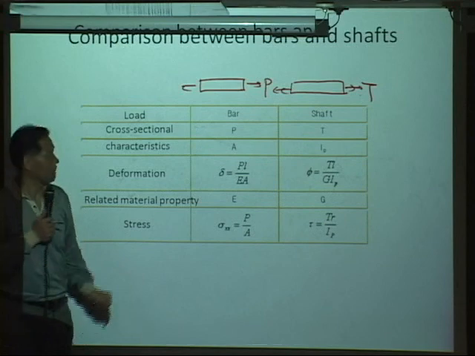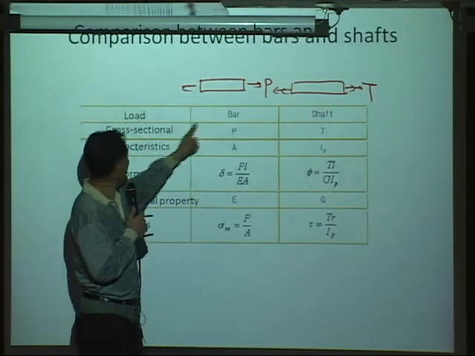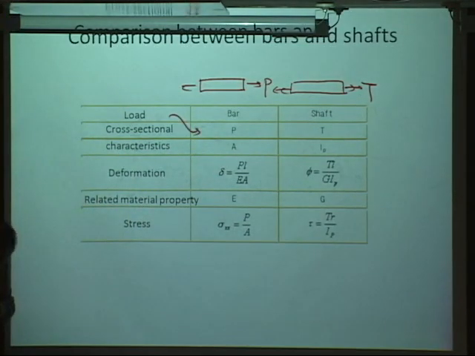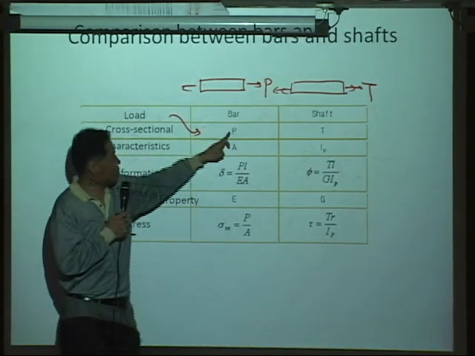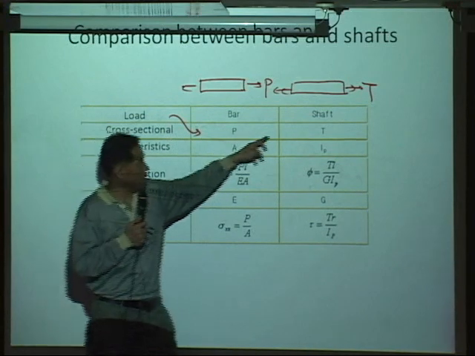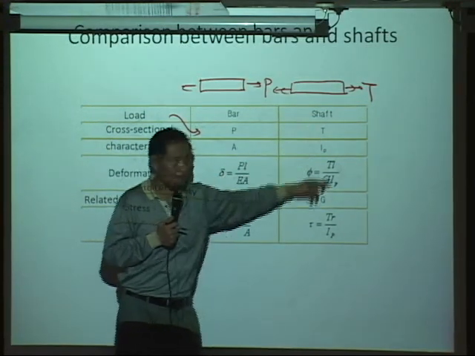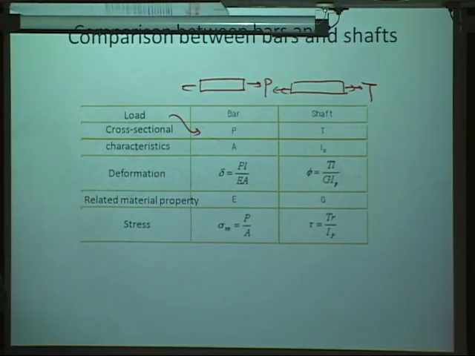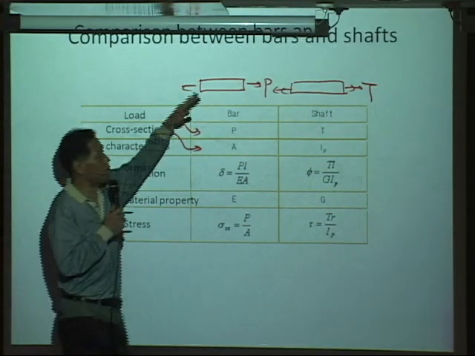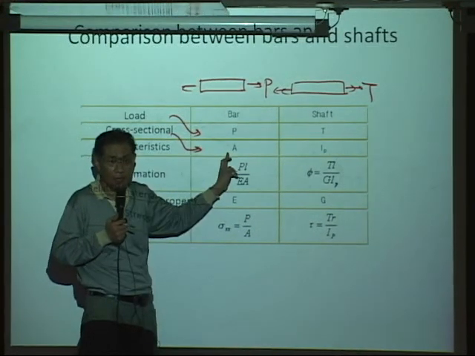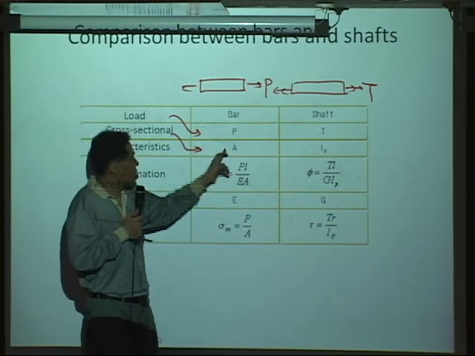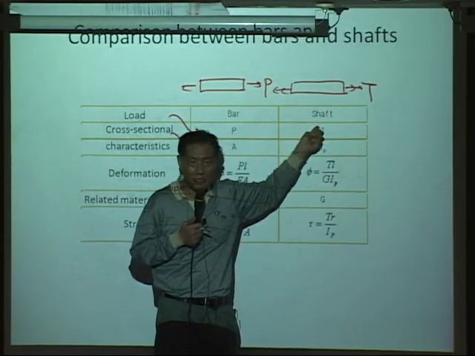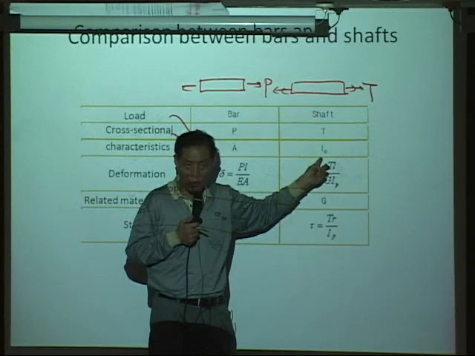So load is simply P for the bar, and the shaft load is T. The cross-sectional property associated with the bar is simply A, but the cross-sectional property associated with the shaft is the polar moment of inertia.